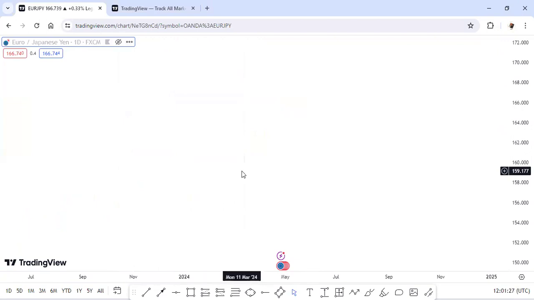Let me show you how to identify the market structure with an example before we head into the chart for a real life example.